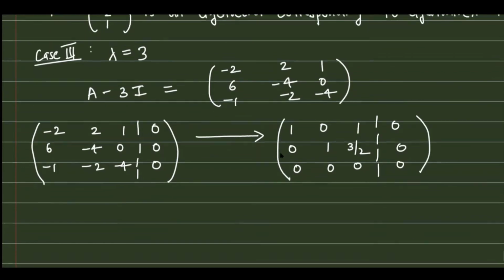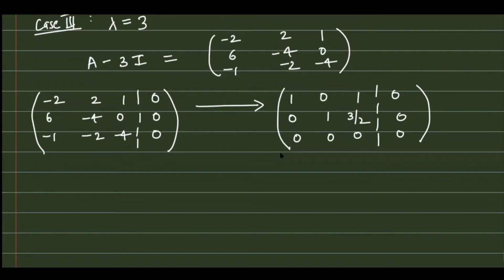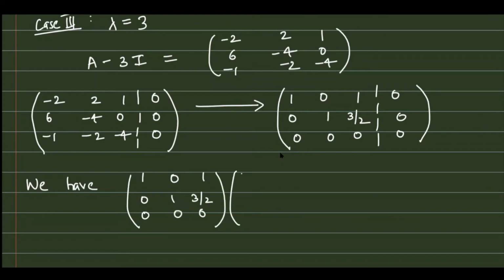So now instead of this matrix, we can use a new matrix. So the new matrix is 1 0 1, 0 1 3 by 2, 0 0 0, into K1 K2 K3 equal to 0 0 0.